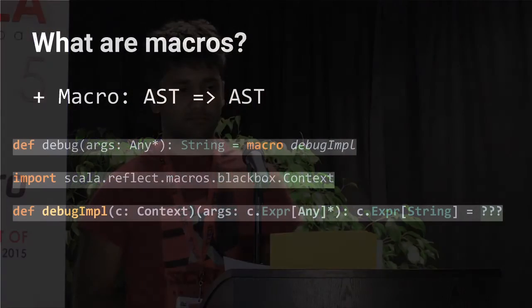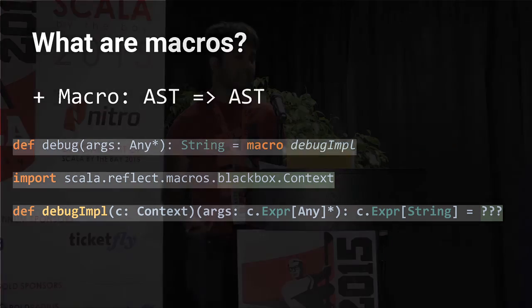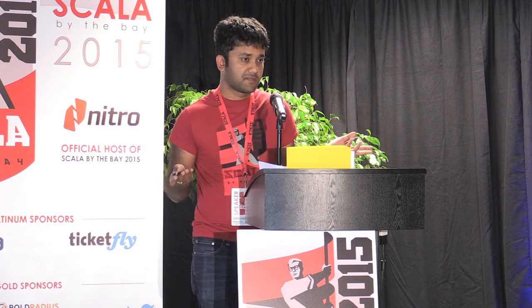So what are macros? Without going too deep into it, the one-liner would be macros are code transformers. They happen during the compilation phase. They take code, an abstract syntax tree, and produce some other abstract syntax tree, which is some other new code. So in Scala, when you write macros, it looks a lot like defs. At least the def macros.